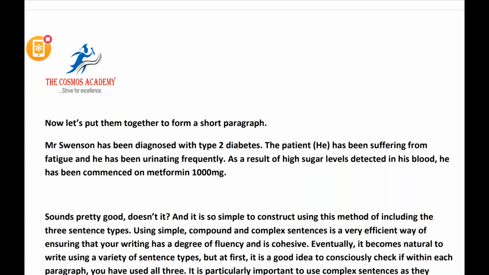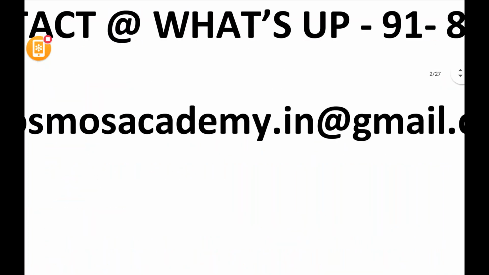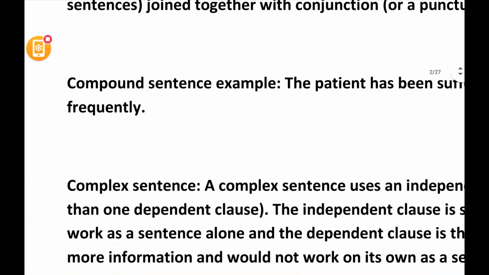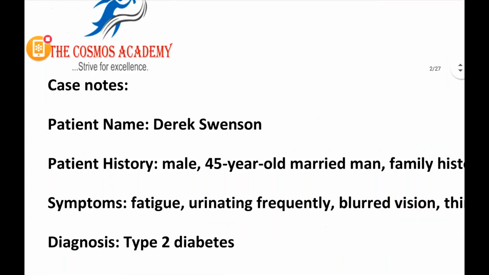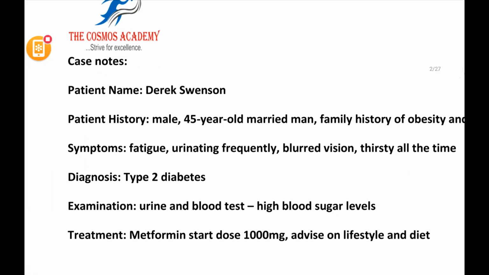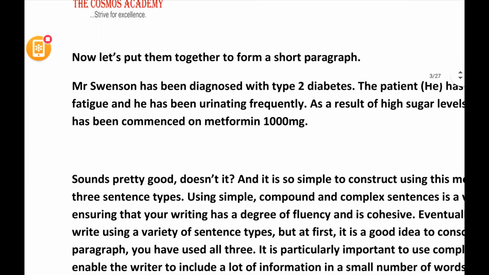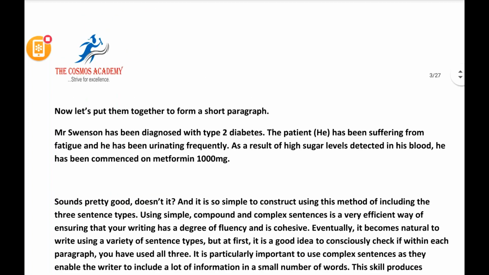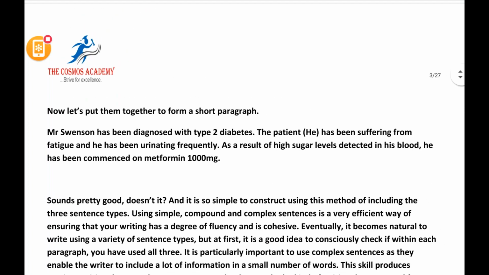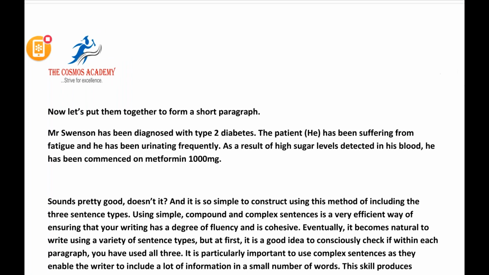Now look at this whole paragraph, which has almost 6 lines. And how do we write it precisely? In this way: Mr. Swenson has been diagnosed with type 2 diabetes. He has been suffering from, or he has been experiencing, fatigue, and he has been urinating frequently.